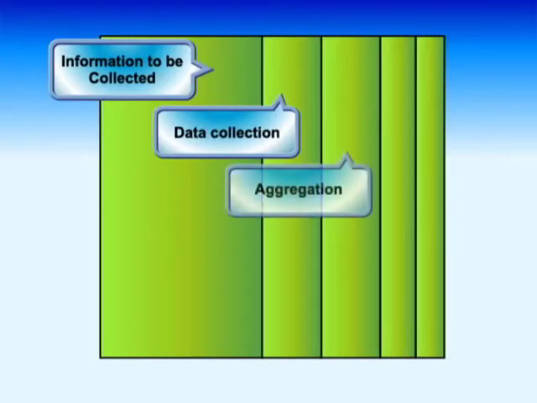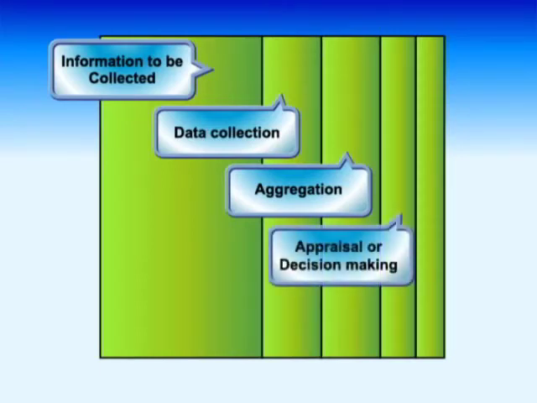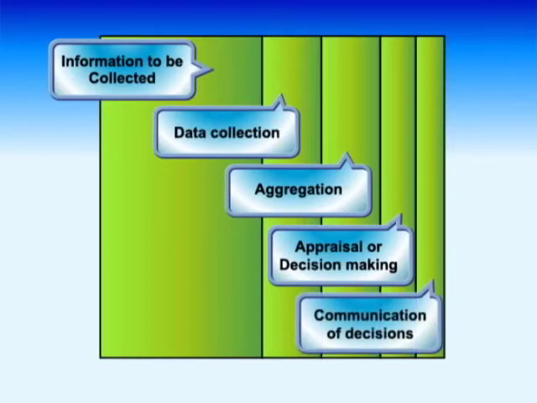The third is for aggregation, to describe who aggregates the collected data when and how. The fourth is for appraisal or decision-making, to describe who appraises or makes decisions on the aggregated data when and how. The fifth is for communication of decisions, to describe how the appraisal or decision is notified.